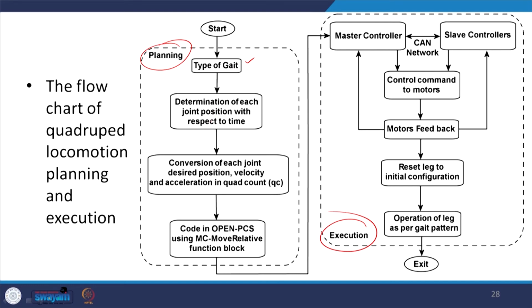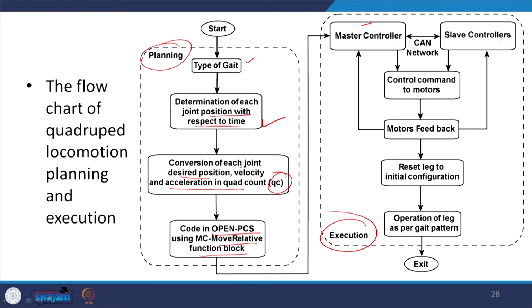Then comes the determination of each joint position with respect to time, and the conversion of each joint's desired position, velocity and acceleration into quad counts. Then the code is written in OpenPCS using the MC move relative function block, and it is sent to the master controller, and the master controller in turn communicates with the slave controller.